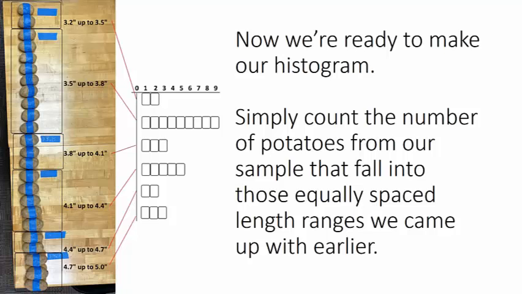So the histogram is basically kind of like a bar chart, where the length of the bars indicates how many potatoes, or how many samples from our sample set, fall into those equally spaced length ranges that we decided on earlier.